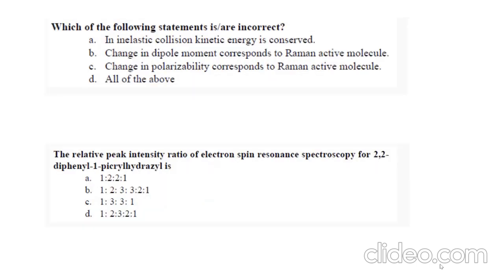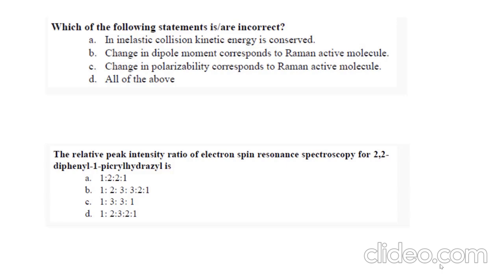Yeah. So, which of the following statements is correct? In an inelastic collision, kinetic energy is conserved. Change in dipole moment corresponds to a Raman active molecule. Change in polarizability corresponds to a Raman active molecule. All of the above.